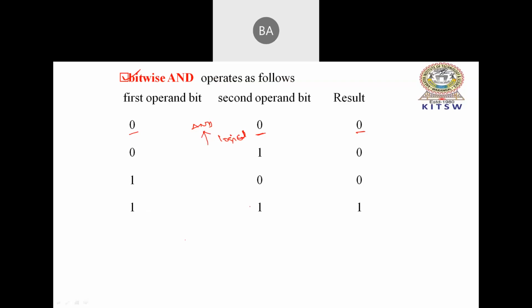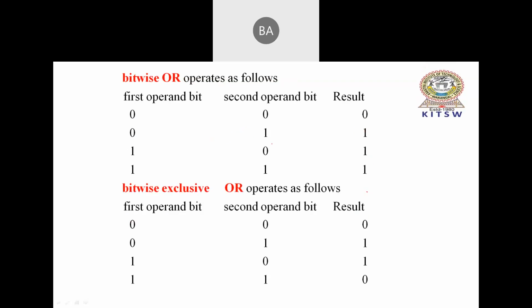So here, if two operand bits are ones, then only the output is 1. Otherwise, the output is 0. Similarly, bitwise OR operates like logical OR. If the first bit and the second operand bit are both 0, then the result is 0. If at least one of the bits is 1, the output is 1.